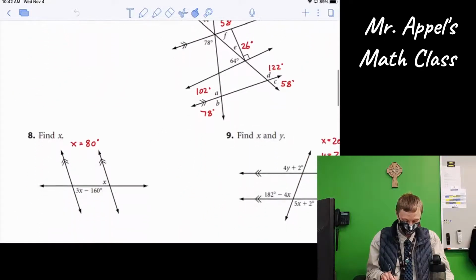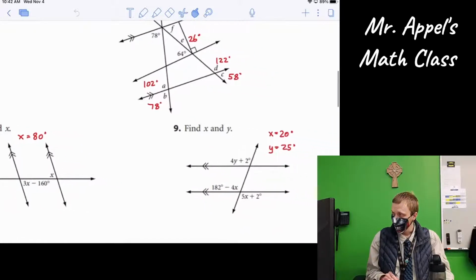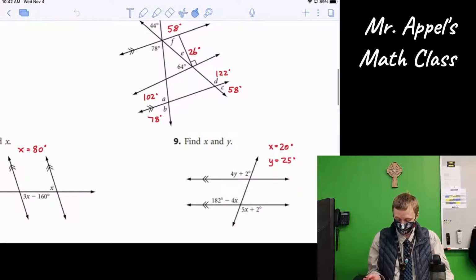And then finally, numbers 8, x is equal to 80, and 9, x is equal to 20 degrees, and y is 25 degrees. Any questions from yesterday's practice?